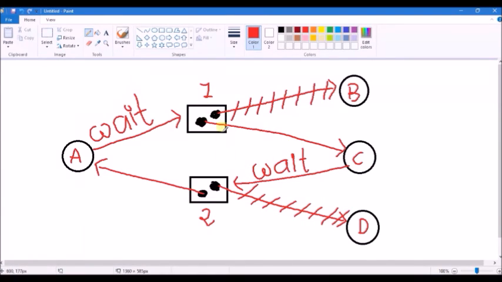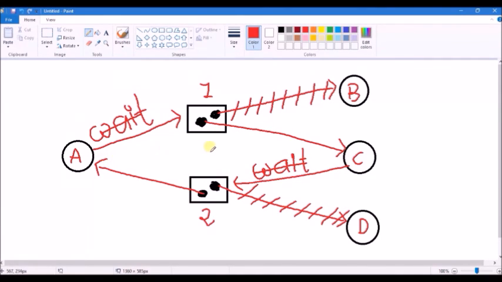Now one instance of resource 1 and 2 is free, so these instances are allocated to process A and C, and A and C also complete their task. So in this example there is a cycle, but it doesn't mean that it goes into deadlock.